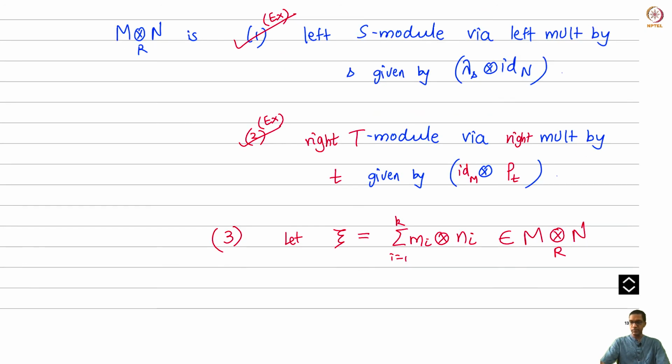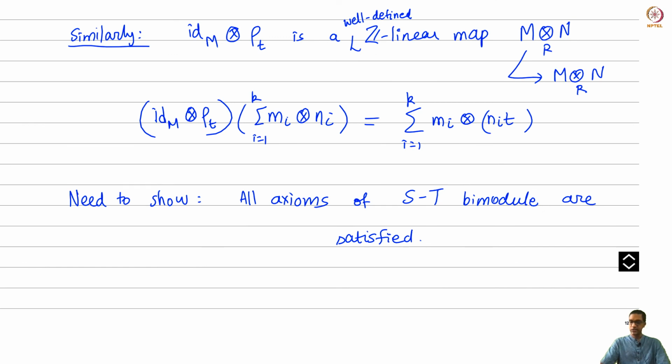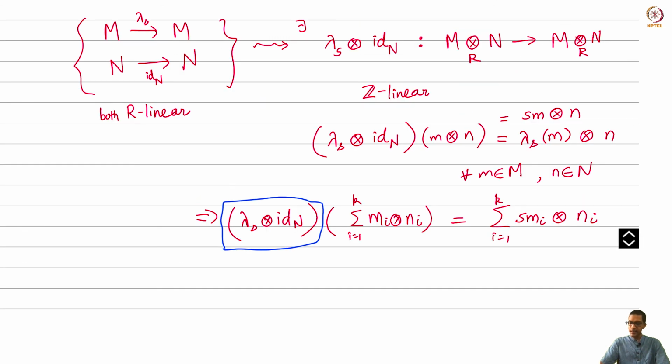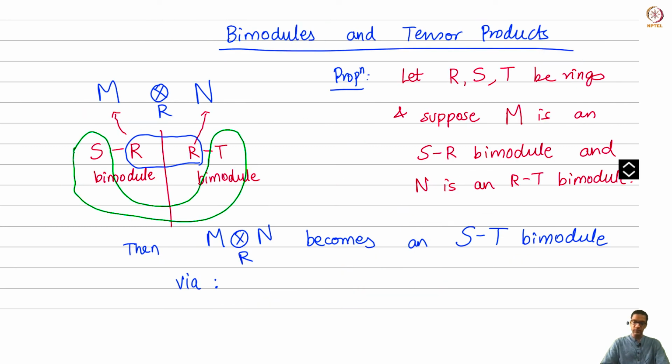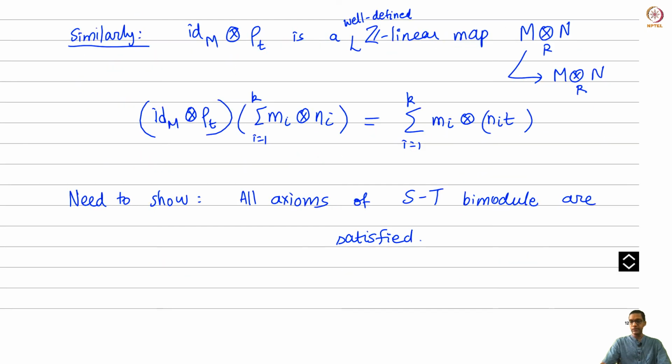So this is a very important proposition in some sense. It says that if M and N had more structure to begin with, if they were S and T bimodules, then the resulting tensor product will also have more structure. Now let me quickly mention some of the particular cases. If you only had one or the other, there are many variations to this theme.